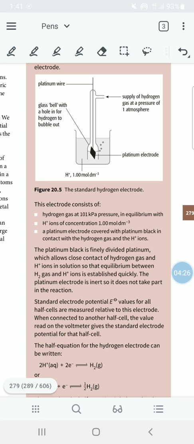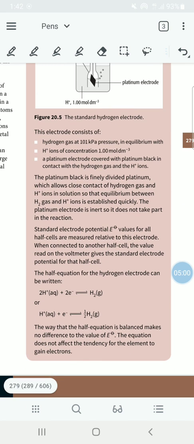So the standard values are measured relative to this electrode. That is, the other ion and metal half cells, or electrodes, are connected to this standard hydrogen half cell, and from there the E standard values for different half cells are calculated.